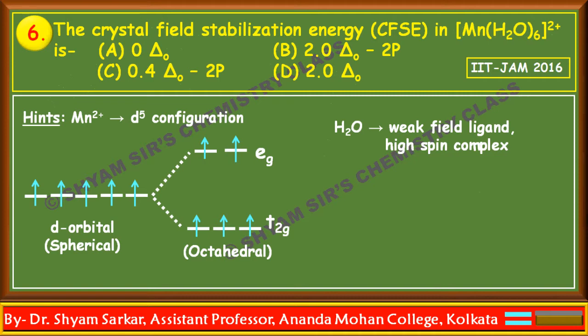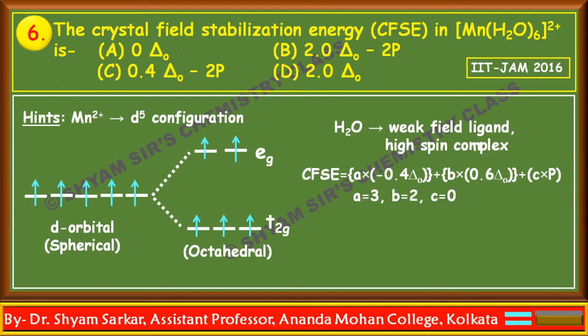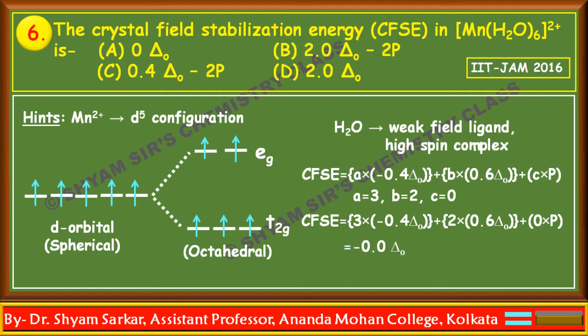Since t2g3 eg2, CFSE will be equal to 3 into minus 0.4 plus 2 into 0.6 plus 0, because no pairing occurred here. So CFSE is equal to 0 delta O. Okay. So 0 delta O means option A is the correct answer here.